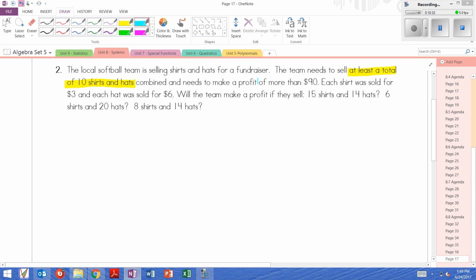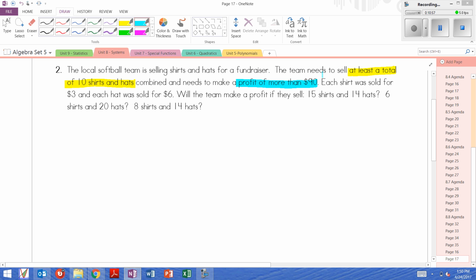And then we're also talking about making a profit of more than 90. Gosh, those sound a lot like inequality words to me. Okay, reading on. Each shirt was sold for $3 and each hat was sold for $6. And the question is asking, will the team make a profit if they sell 15 shirts and 14 hats, and so on and so forth?